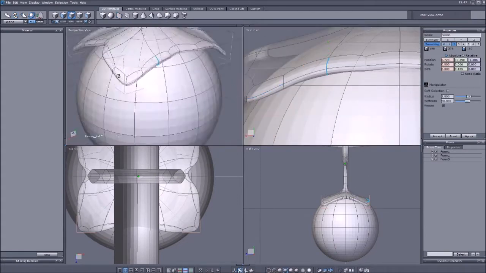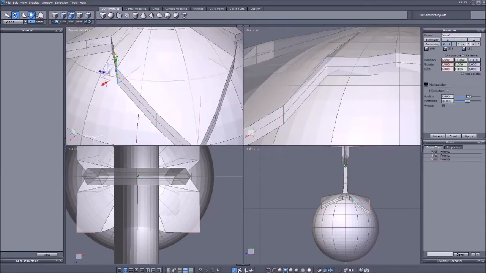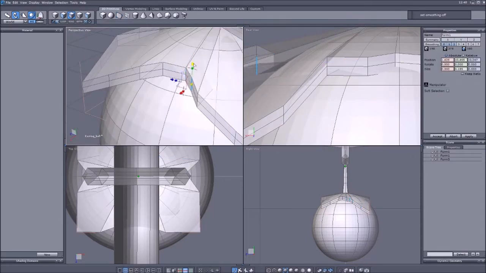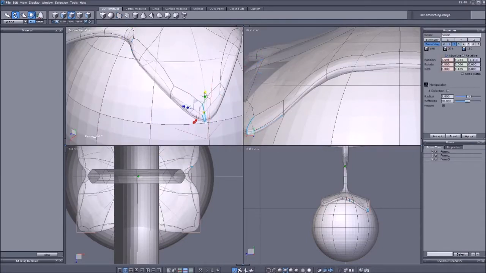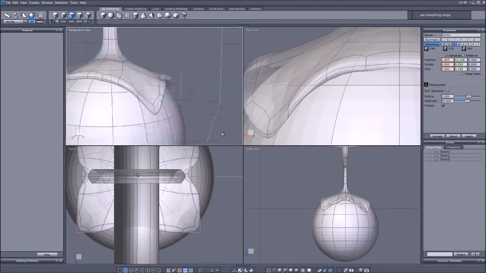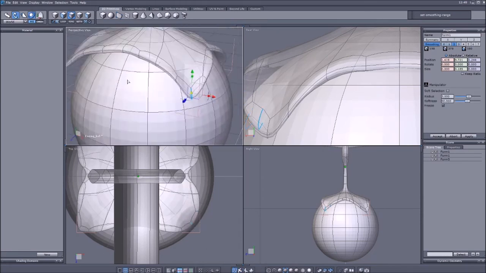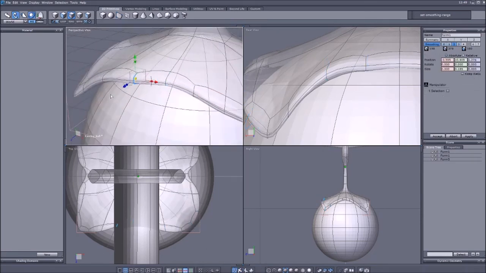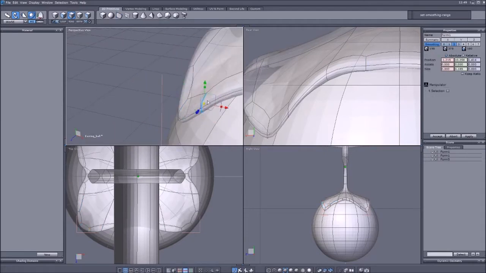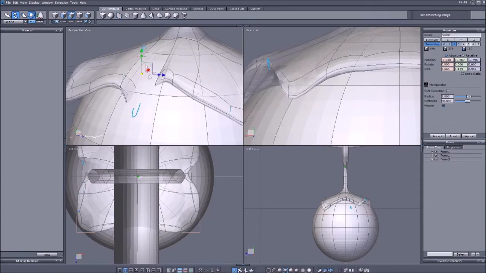I mean, the earring in the end is rigged, is movable like I want to. It doesn't distort at all, but it doesn't stay at the ear where it should be. So there's still some kind of stuff that doesn't work.